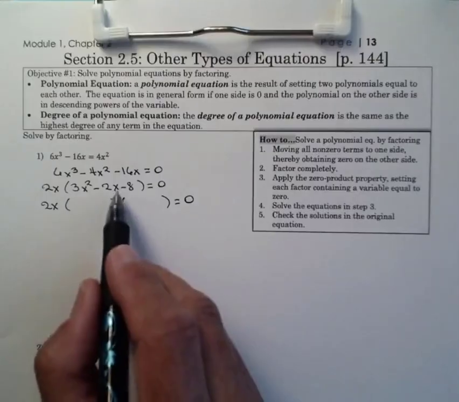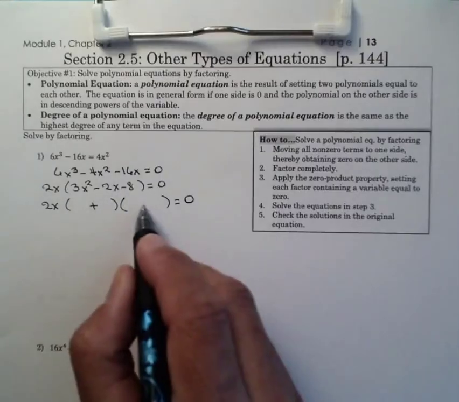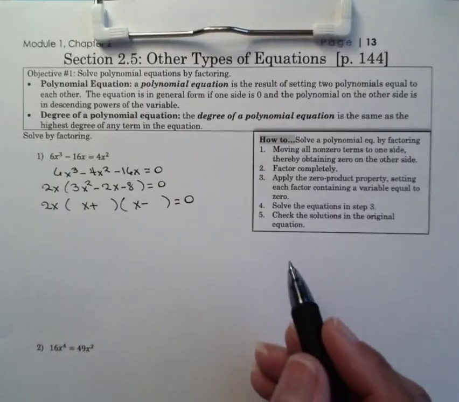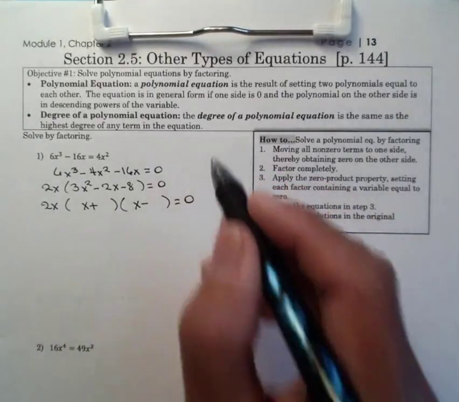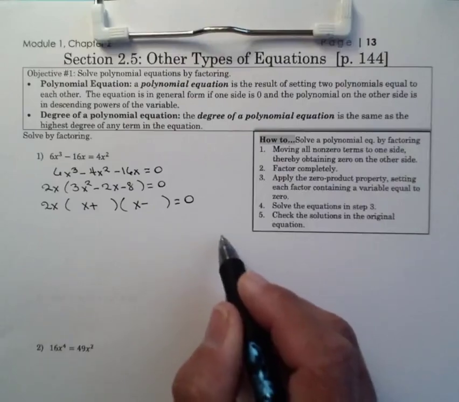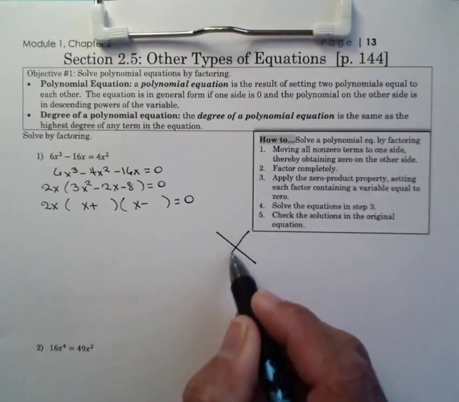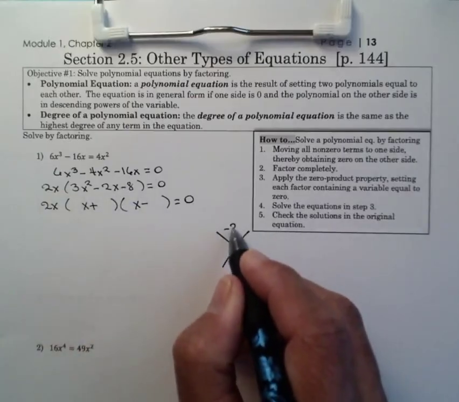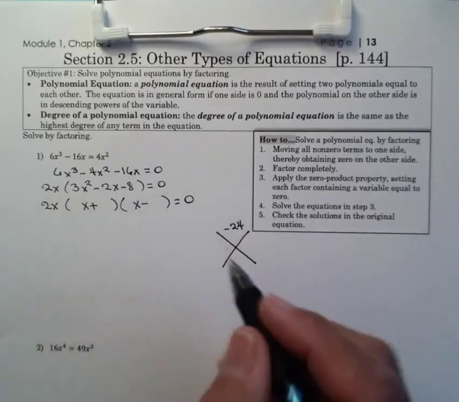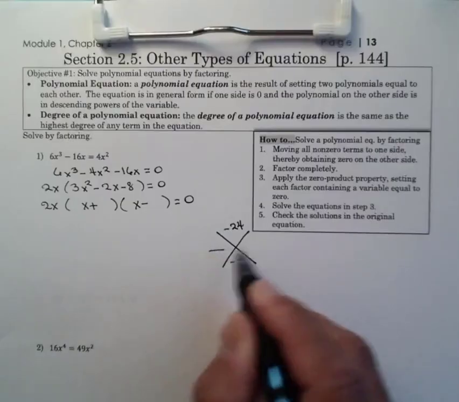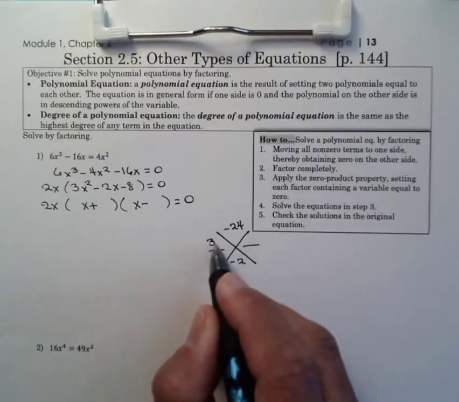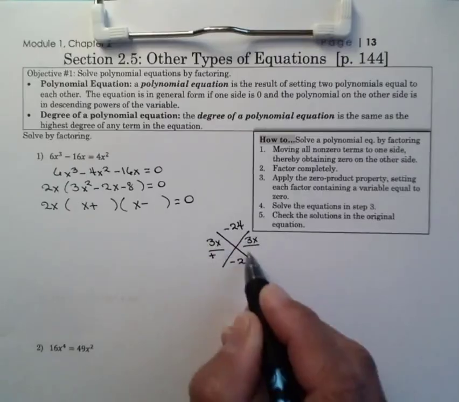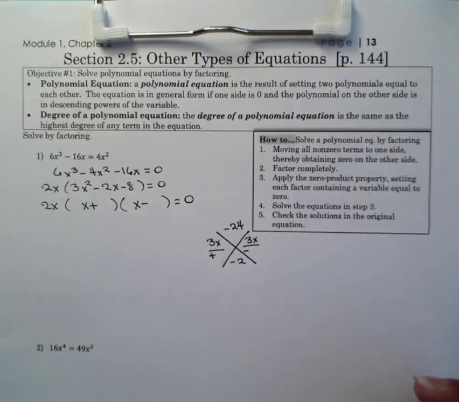So now I work on my trinomial. I'm going to set one of each sign because of that second operation, and I've got to have an x in the first terms of each of them. This time I'm going to use my diamond method because it's the simplest one for me to demonstrate with. I say 3 times negative 8 gives me a negative 24. The b term coefficient is a negative 2. I'm going to put a coefficient of 3 in front of x, and one of them is positive, one negative.